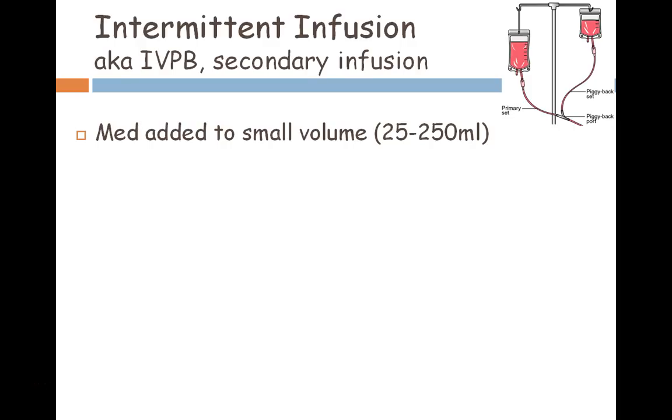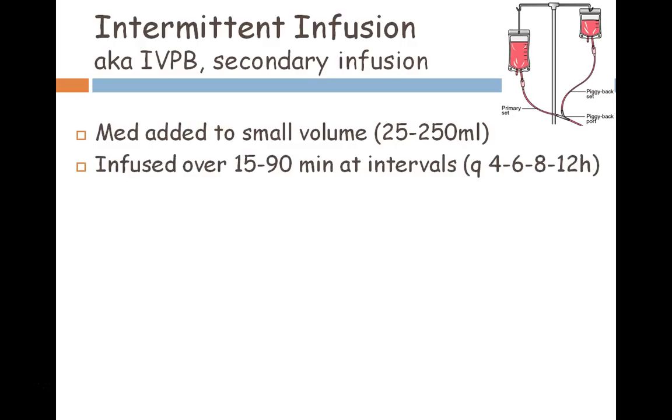So you'll have a small IV bag with 25 mLs up to 250. Usually they are 50 or 100 mLs of solution. This bag of fluid is infused over a relatively short period of time, 15 minutes to an hour and a half. And instead of infusing continuously, it's infused at intervals.